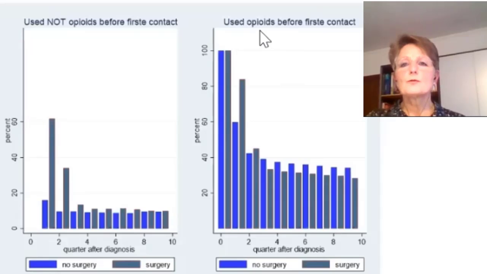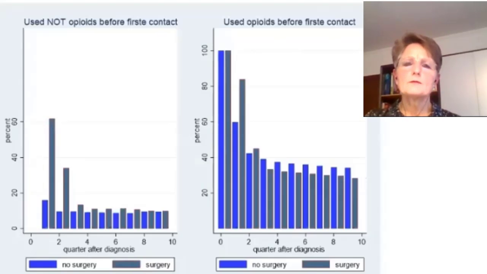If they use opioids before the first contact, the frequency of opioid use 1 year after is higher, but the level is nearly equal. The patients having pain indicating surgery have more pain when they are first seen at the spine center, but after 1 year, they are quite equal.